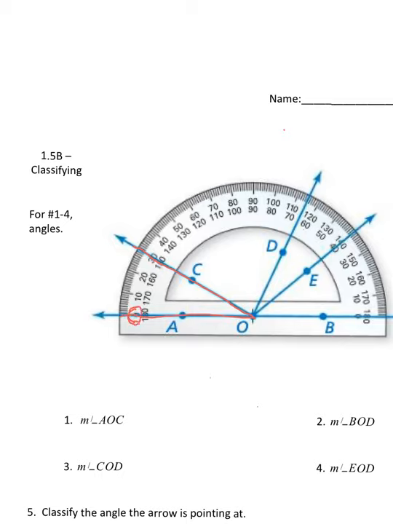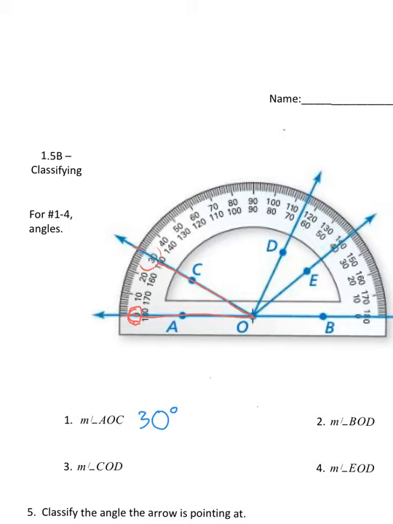Now we need to look all the way up to C to see what angle that is. Can you see C crosses at 30? So our angle is 30 degrees. And we have to use the little circle, so it's 30 degrees.